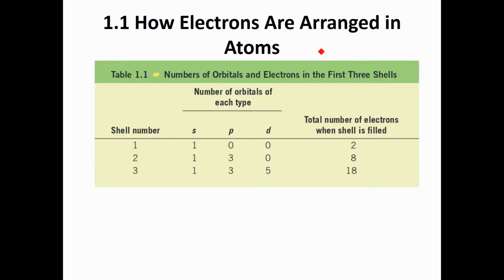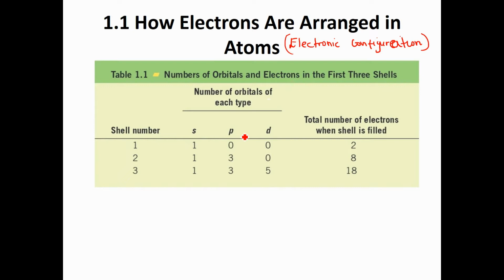Let's talk about how electrons are arranged in atoms. This is called electronic configuration, and you're going to be tested on this. Configure means to arrange. So, electronic configuration: how are electrons arranged?